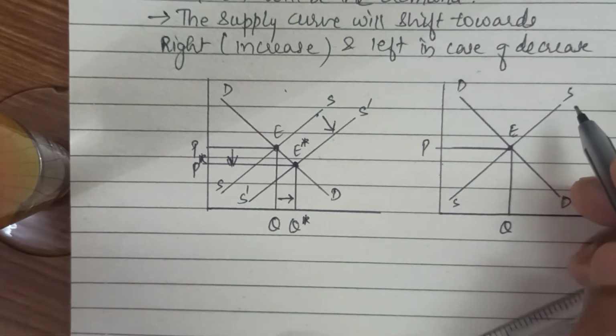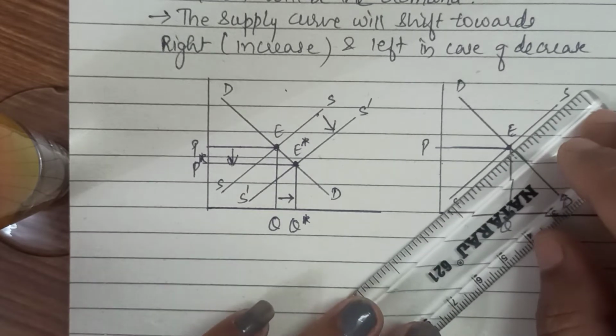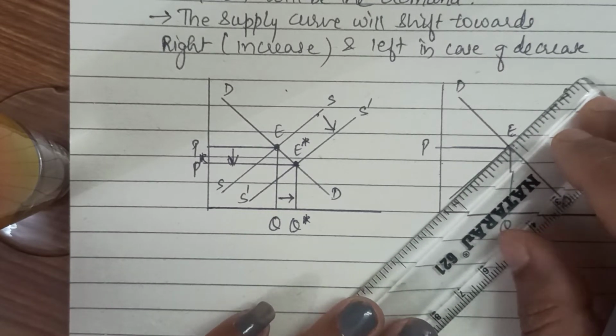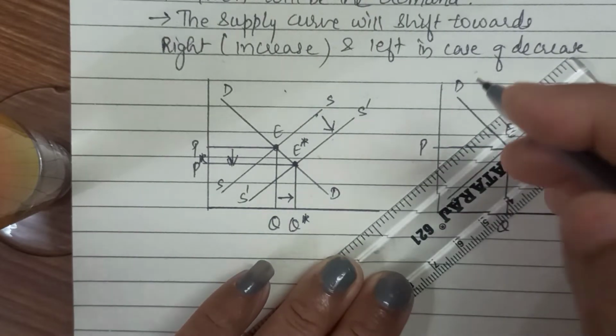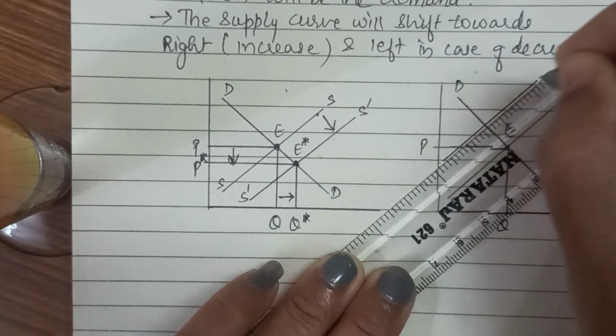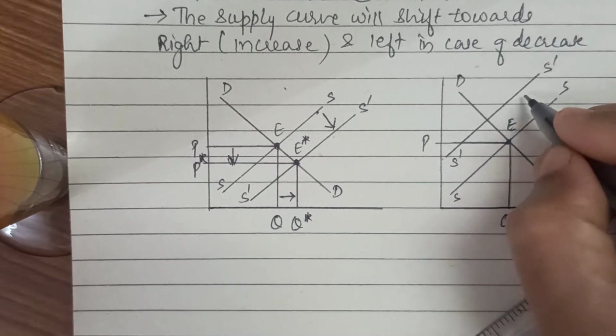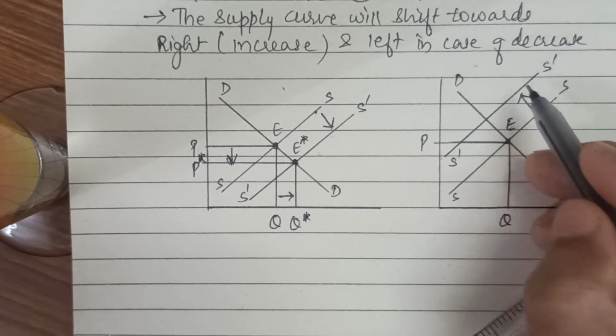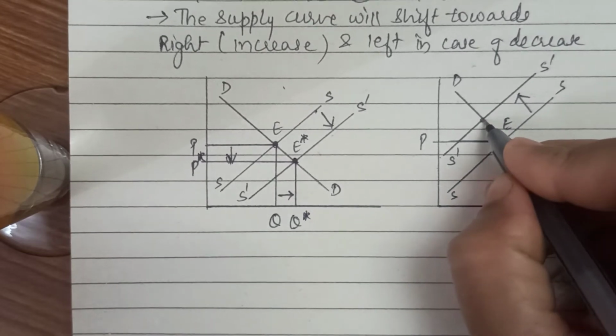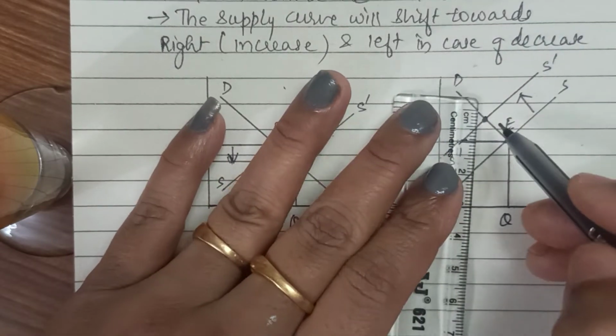Now because of the decrease in the supply, the supply curve shifts towards the left side. So this is the left side. A new supply curve is gained, S dash. It shifted towards the left side and a new equilibrium point is gained.